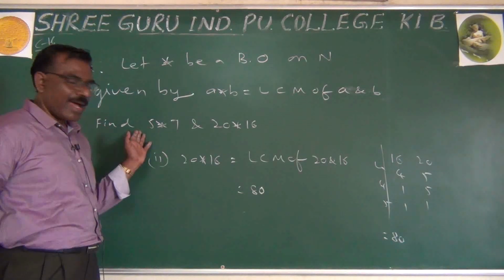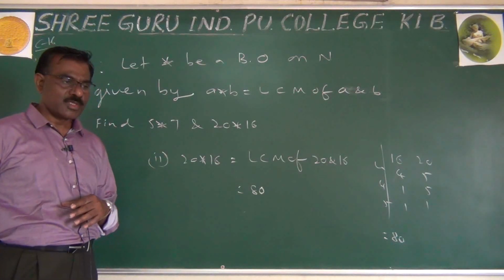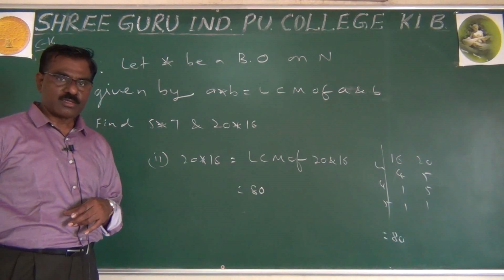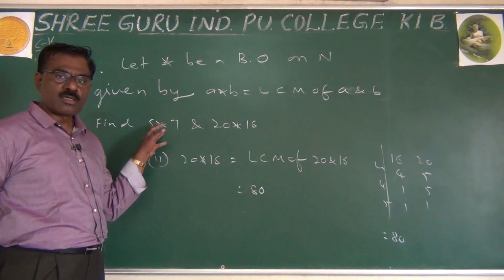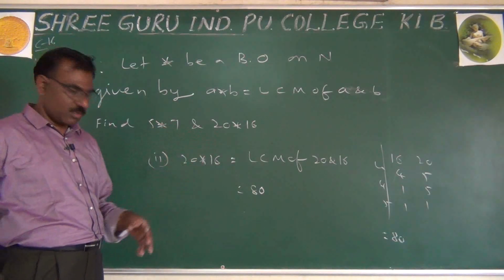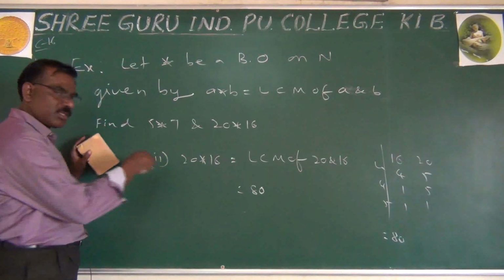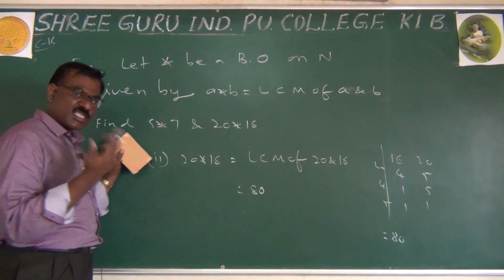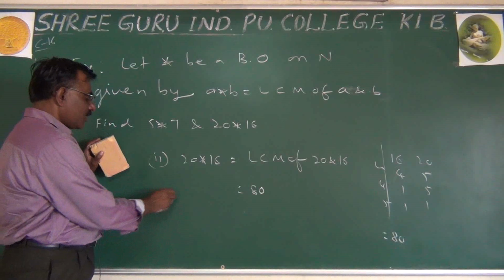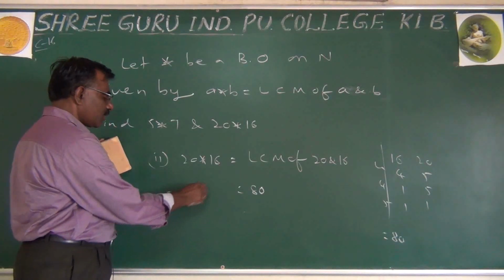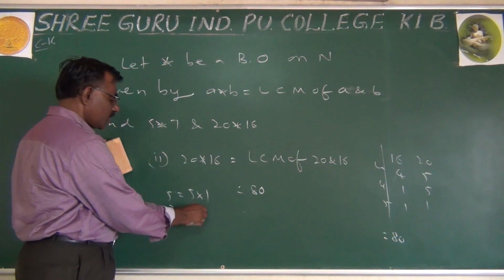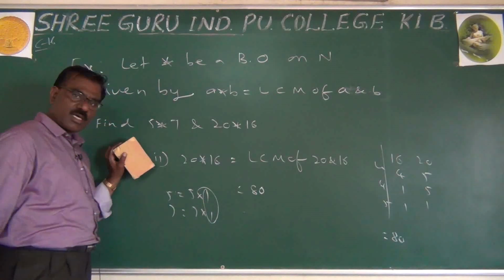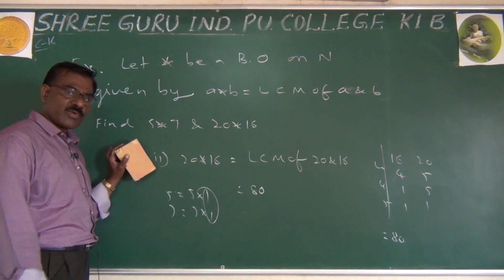Even in this problem, HCF is highest common factor. 5 into 1, 7 into 1. Just explaining HCF. 1 is the common, highest common factor.